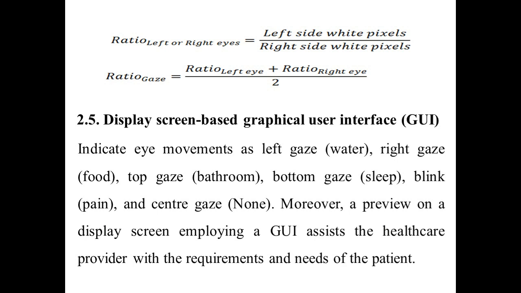Fifth, the display screen based graphical user interface. It indicates eye movements as: left gaze, water; right gaze, food; top gaze, bathroom; bottom gaze, sleep; blink, pain; and center gaze, none.